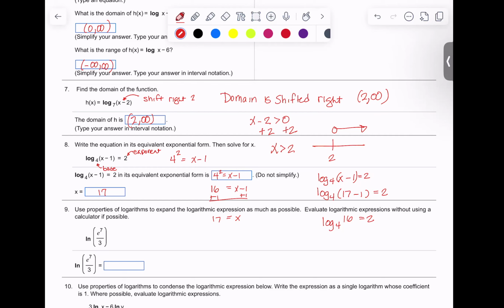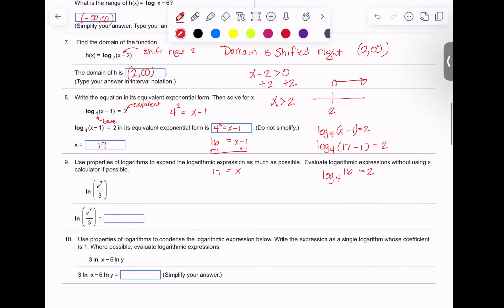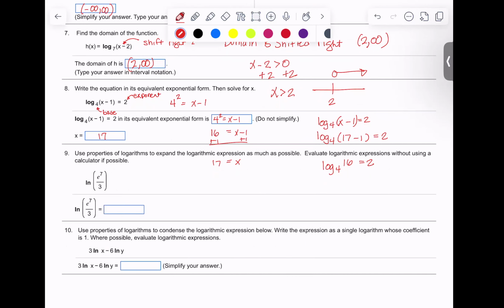So that is correct. All right, use the properties of logarithms to expand the logarithmic expression as much as possible. Evaluate logarithmic expressions without using a calculator if possible. So this is the log of a quotient. So the property you're going to use is the quotient property. The logarithm of a quotient is the difference of the two logarithms.